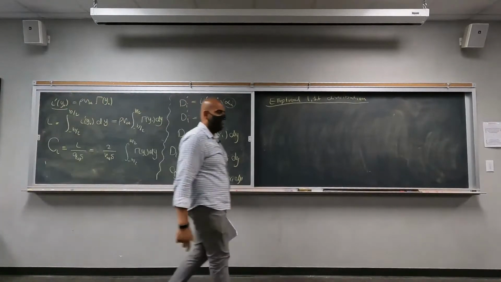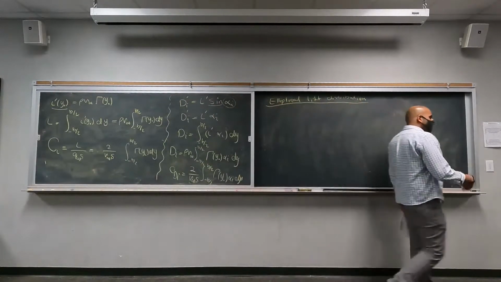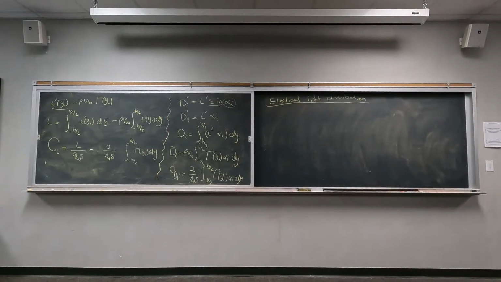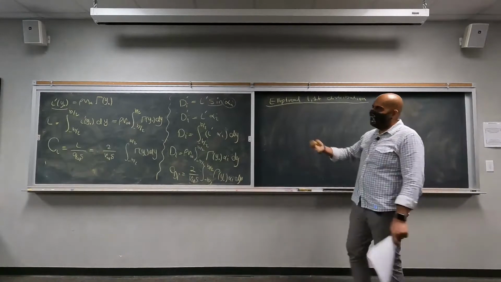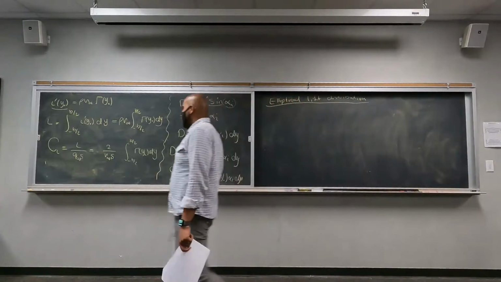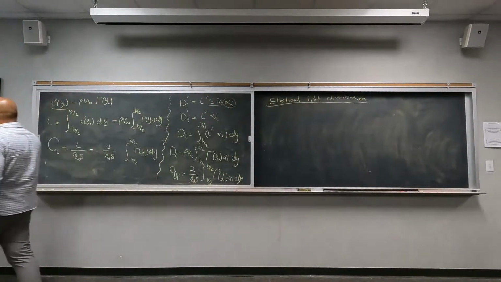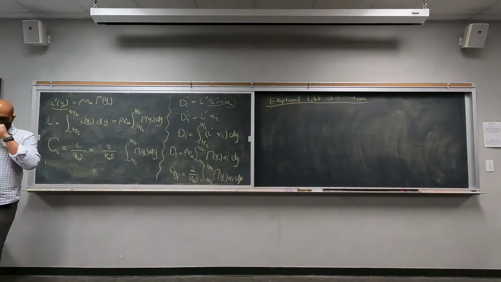So in other words, if you don't have an elliptical distribution of lift, your induced drag is going to be higher. This is something we can show based on this integral, but we are not going to go over the proof here.